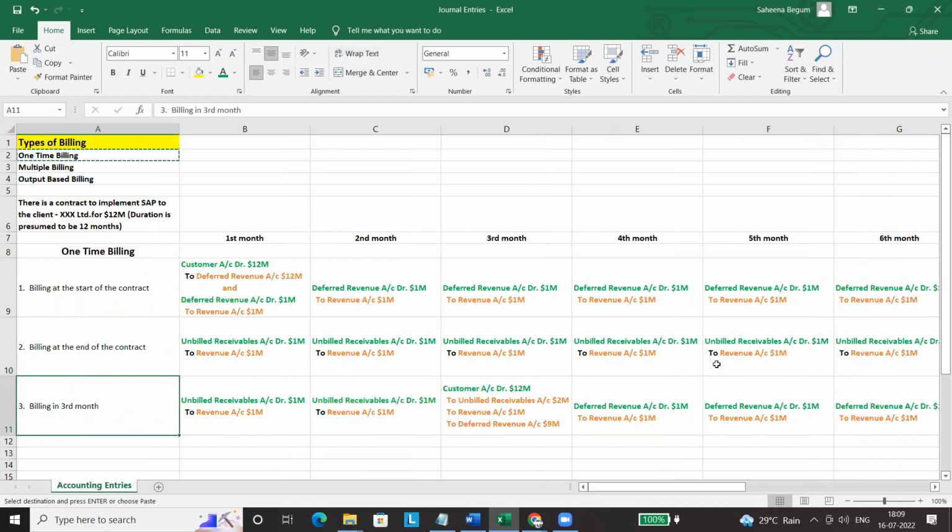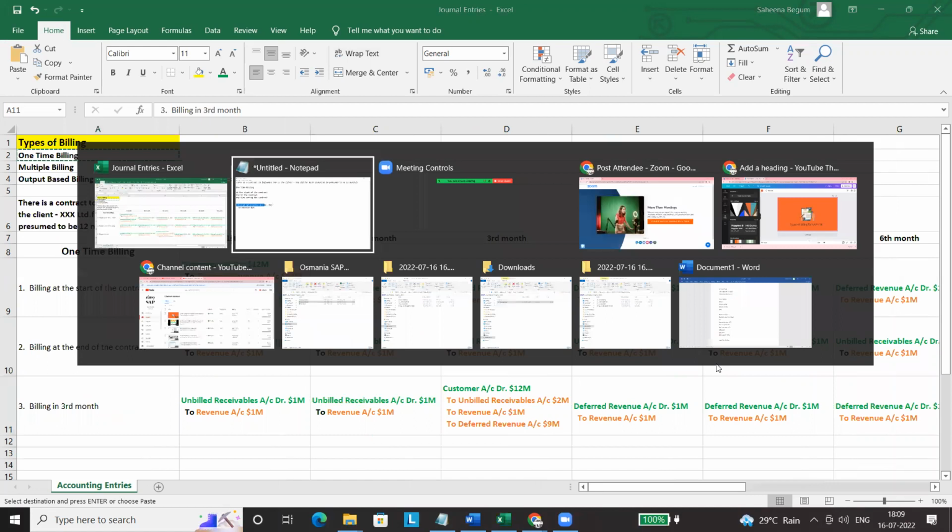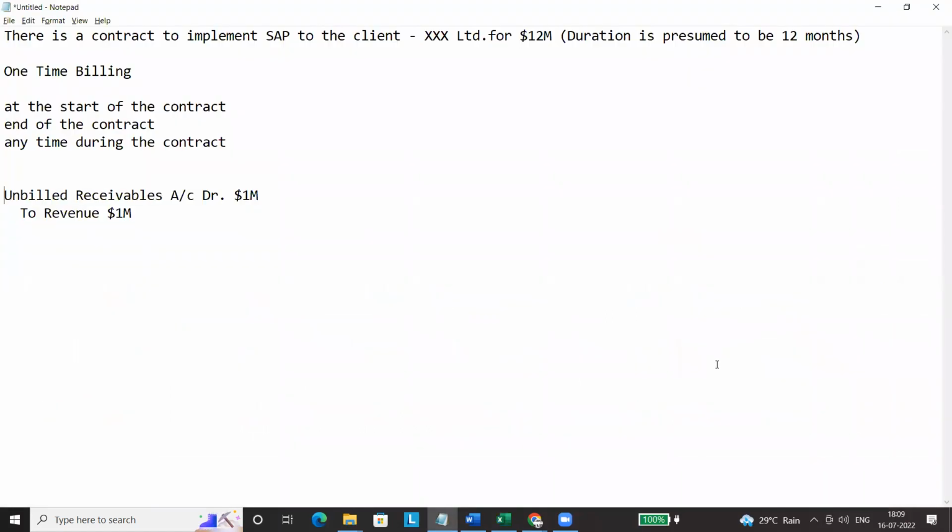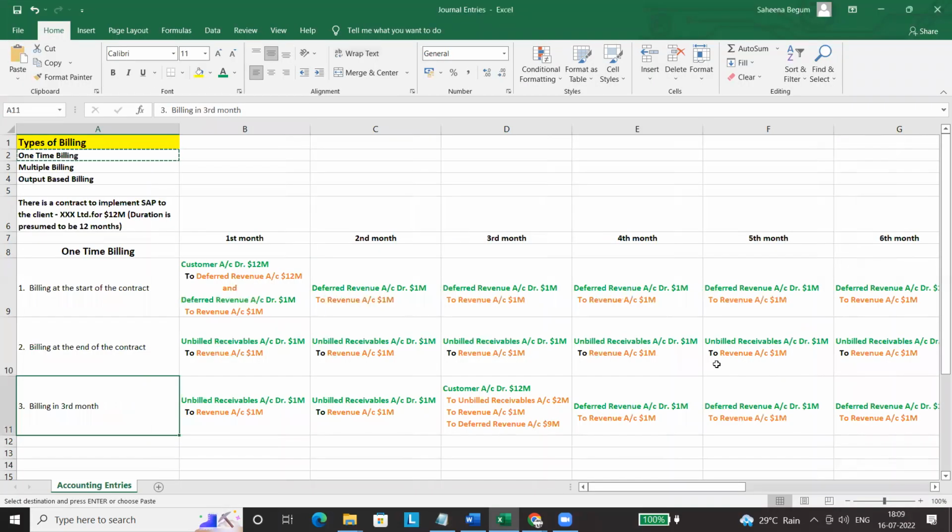Okay. Coming to the third one, which is the most important one, here the billing is not at the start or at the end, but in any of the periods. It can happen in any month. In our scenario, we've taken the third month as an example. Is there any customer billing in the first month? There is no customer billing in the first month, right?